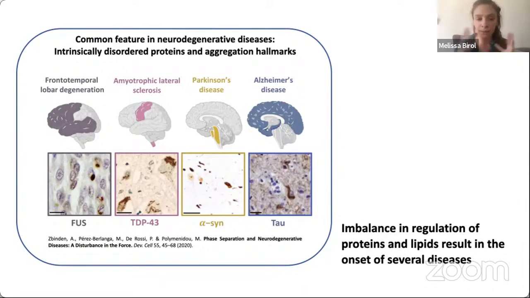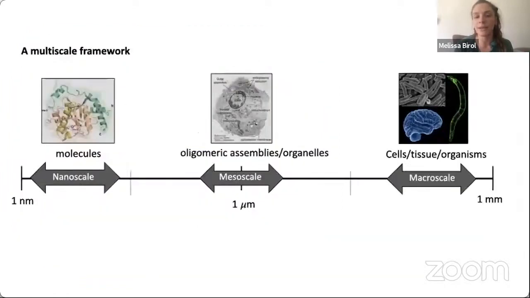The way we envision trying to target these different pathologies is by looking at it through the different lenses that I mentioned in my title. We want to be able to look at it at the nanoscale, so looking at molecular protein-protein interactions or protein-lipid interactions, but also moving to looking at oligomeric assemblies or the crowding environment that these proteins undergo, especially with organelle contacts, which I'm going to discuss with you.